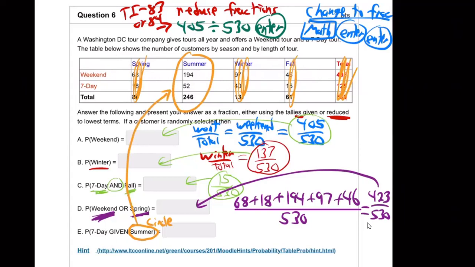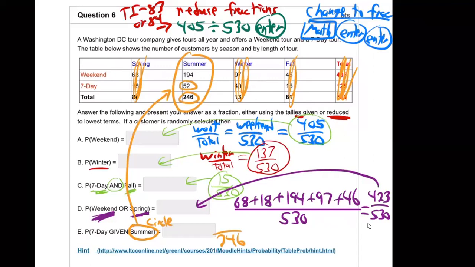That's what you know to be the case. I'm not going to use the overall total. My total is just going to be the 246. It's just the total for summer because that's our focus now. That's what given does, narrow focus.